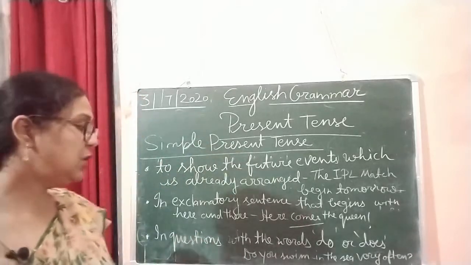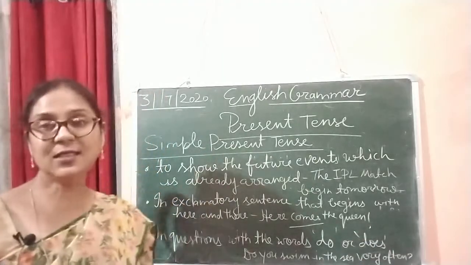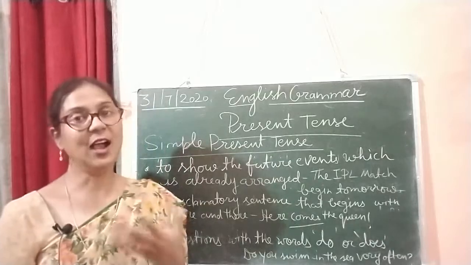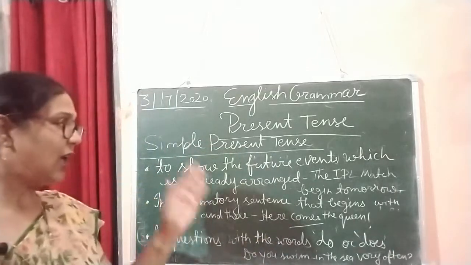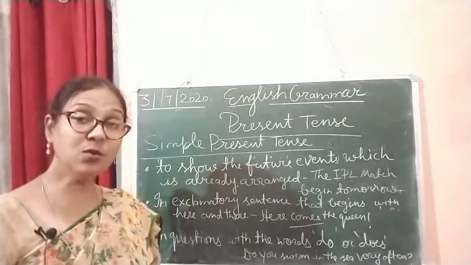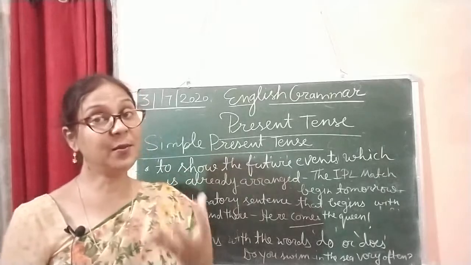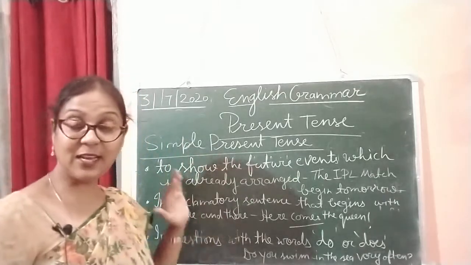Now here you can say, do you swim in the sea very often? So this is simple present tense. We are asking a question in the simple present tense. So that is why I am telling you these are very important points, or you can say the simple present tense is used in these types of sentences also.